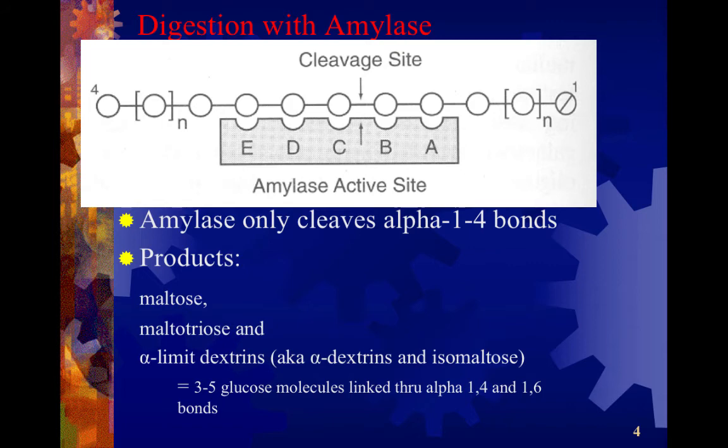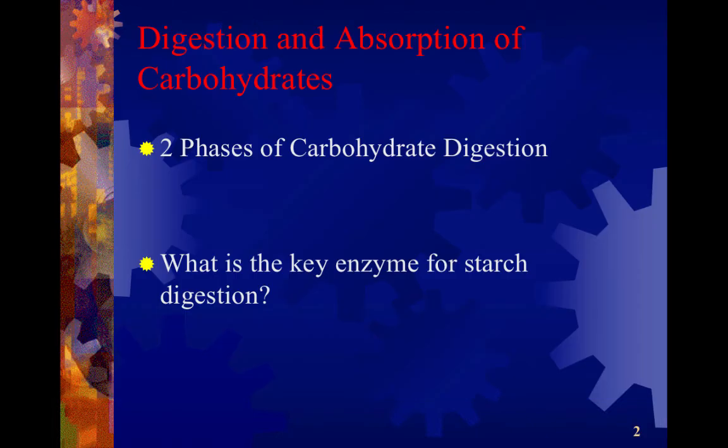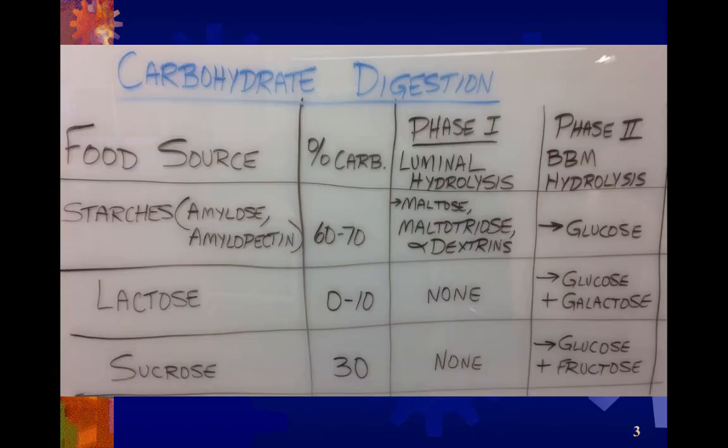So this is starch digestion. And the second part of this is, what is the key enzyme for starch digestion? That is pancreatic alpha-amylase. And you can see in this diagram, for example, in the lumen, starch is converted to these molecules.